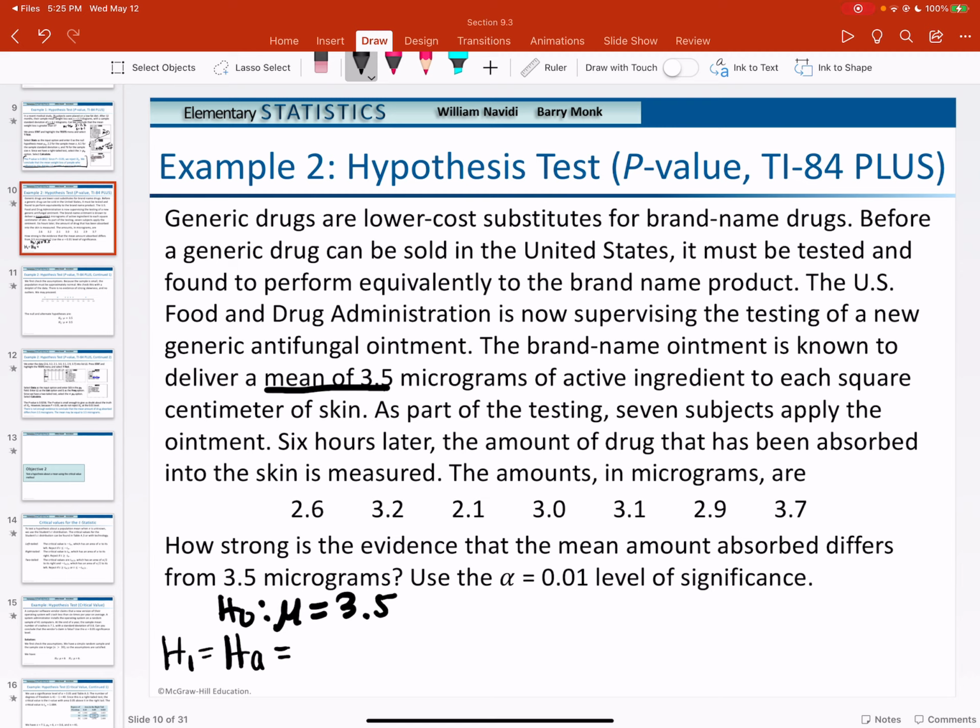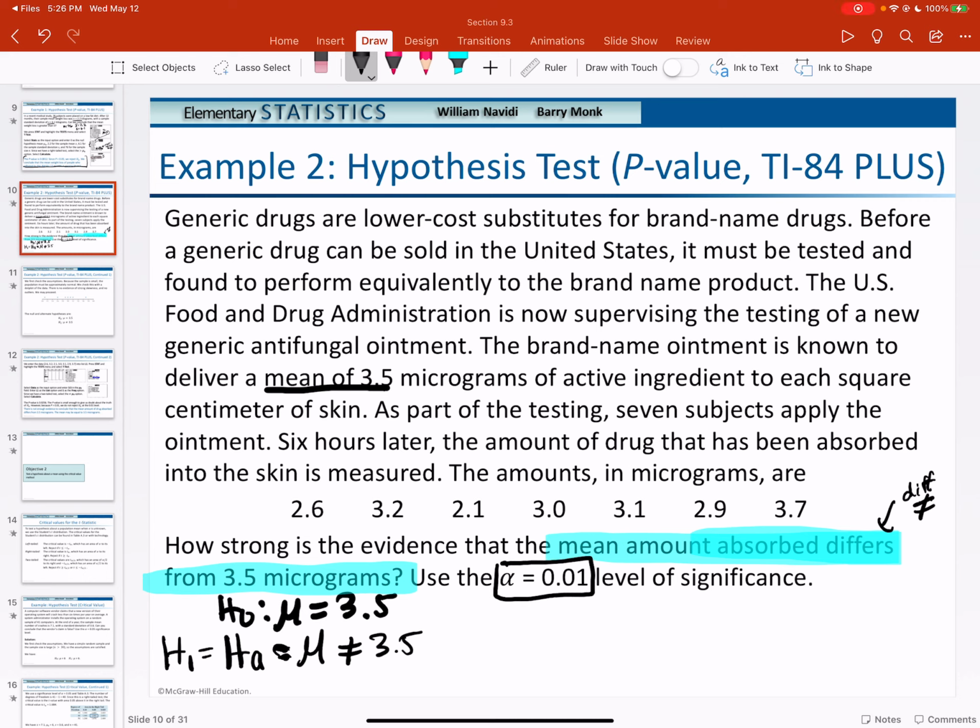How do we know what that is? It tells us here the mean amount differs from, so it's different. Differs, different, that kind of thing, just means does not equal. So mu does not equal 3.5. Alpha is 0.01, that's important.